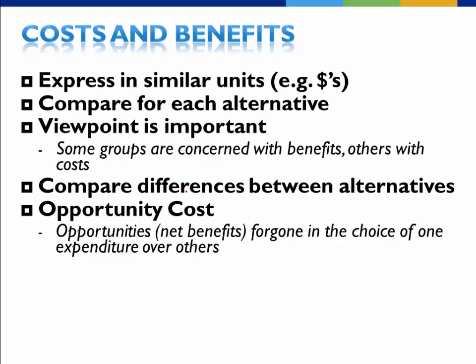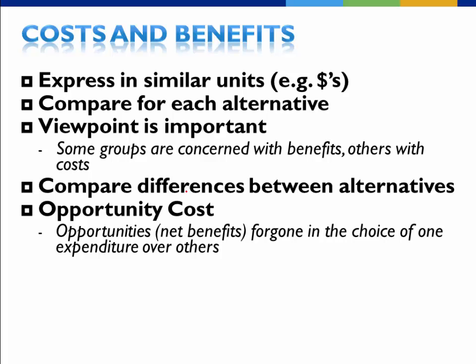We want to compare each alternative, and how you approach the cost, your viewpoint or perspective on how to estimate costs and benefits, is really important. Some groups are more concerned with the benefits, such as hydropower and agriculture. Other groups might be more concerned about the costs, the environmental costs, and so on.